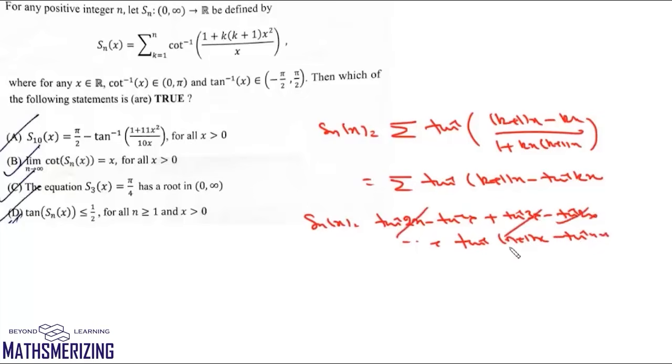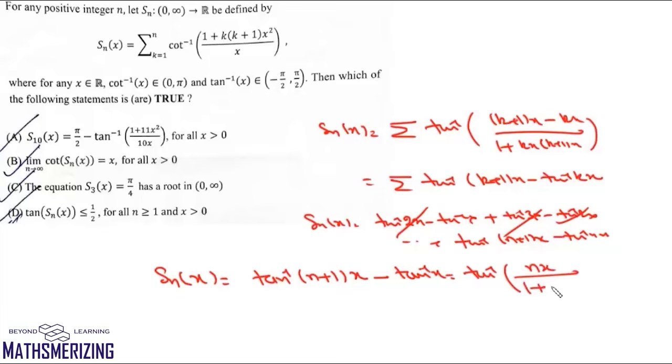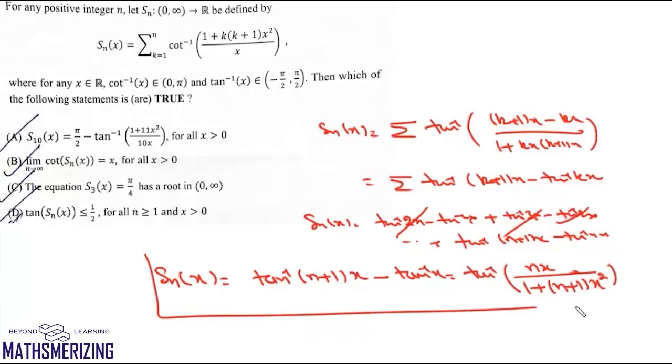Now all these, they'll cancel, so we'll get this S_n(x) as tan inverse (n plus 1)x minus tan inverse of x, which is tan inverse of (a minus b) upon (1 plus a into b). So it will be nx upon 1 plus (n plus 1) into x square, and that's your function S_n(x).